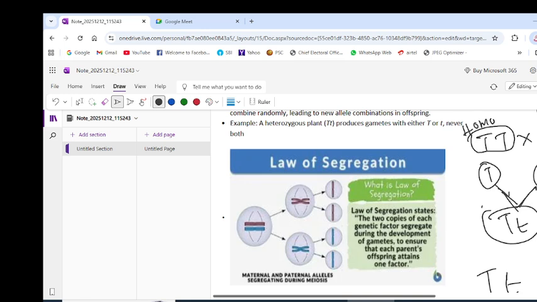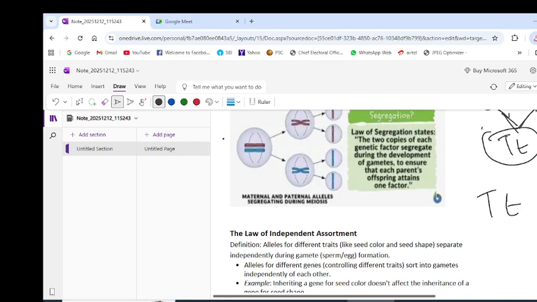Homo means same. And this is heterozygous. Why is it heterozygous? There are two different alleles for a character or a trait. This is for tallness and this is for shortness. Both represent length. So here two types of gametes will form.